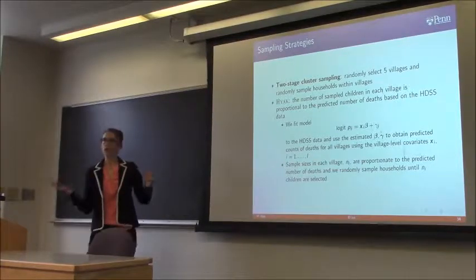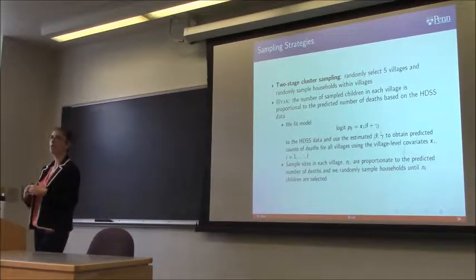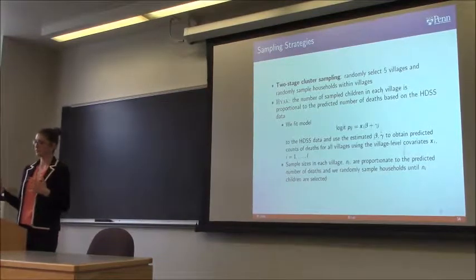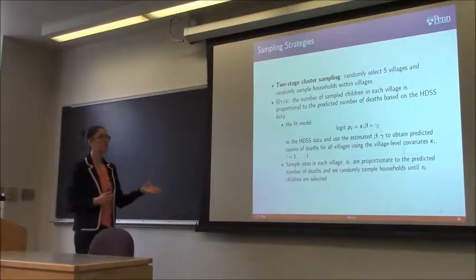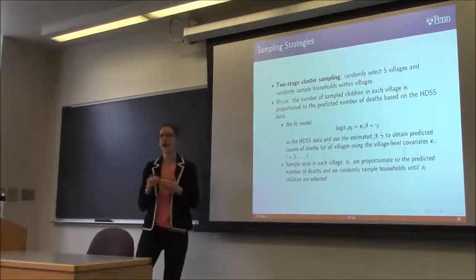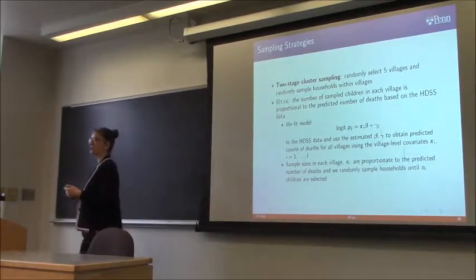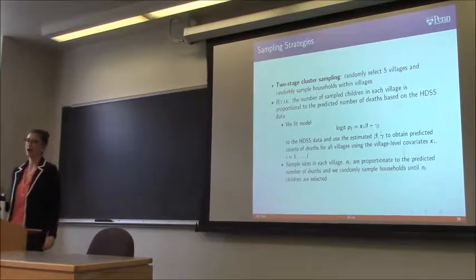That's commonly what's done, and that is referred to as 2-stage cluster sampling. The first stage involves selecting the villages, the second stage is selecting the households. So in our informed sampling procedure, we say, okay, I want to sample the kids in the villages proportionate to how many predicted deaths I expect.